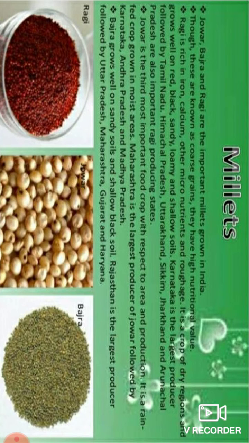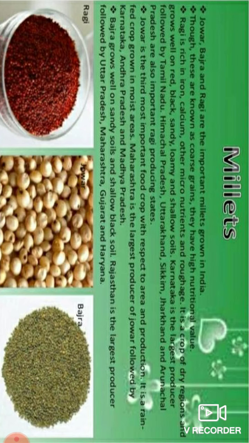Next, we can discuss Jowar and Bajra also. So jowar is the third most important food crop, in terms of the area where it is sown, or in terms of production, it is third largest. And it is a rain-fed crop and grown in most areas of Maharashtra.